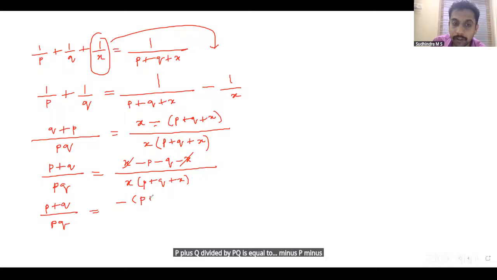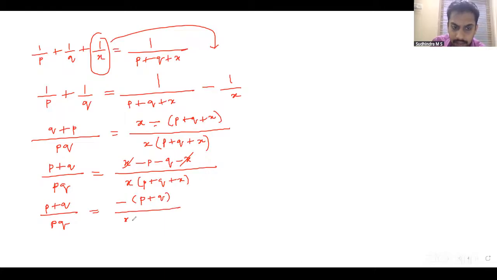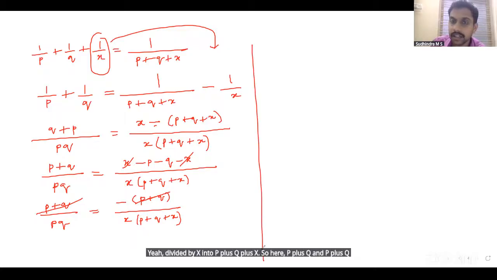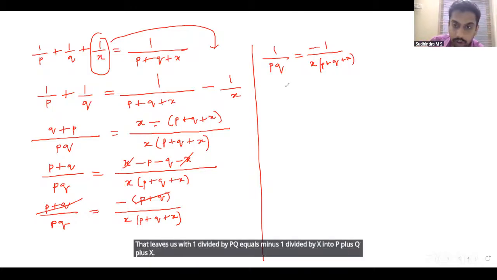Can I write it as minus of P plus Q, divided by X into P plus Q plus X? So here P plus Q and P plus Q get cancelled. That leaves us with 1 divided by PQ equals minus 1 divided by X into P plus Q plus X. So what will I do?